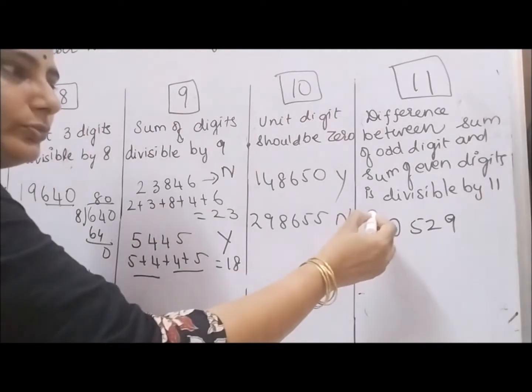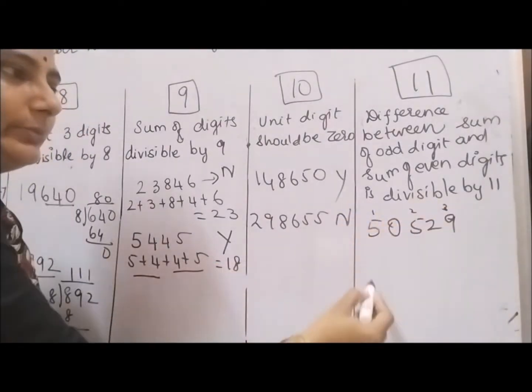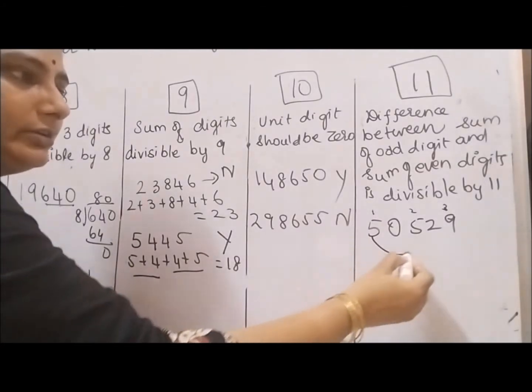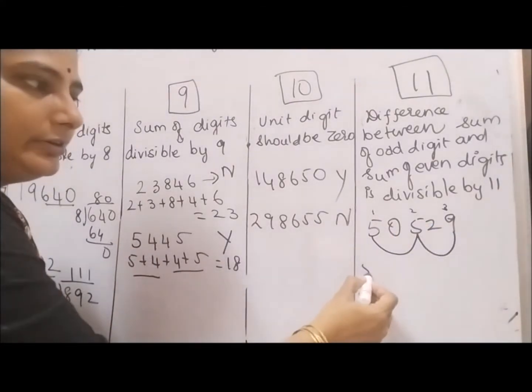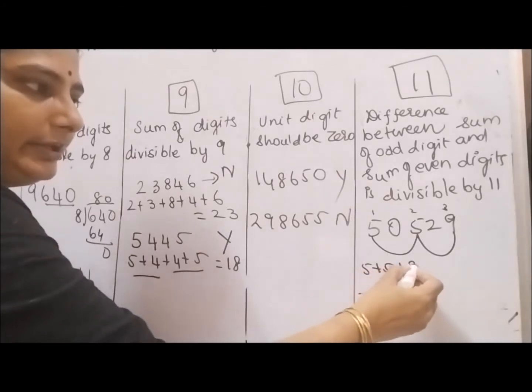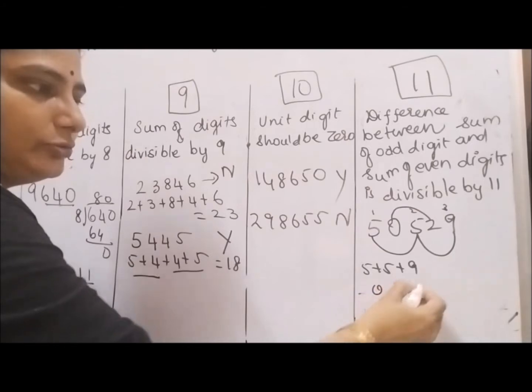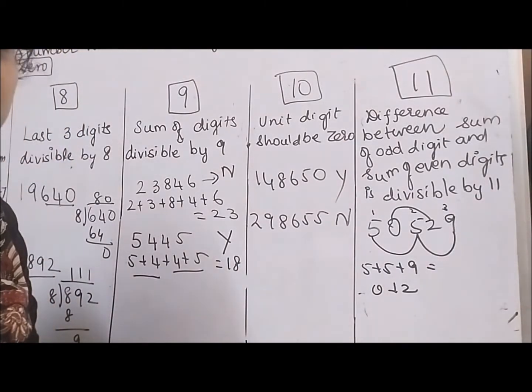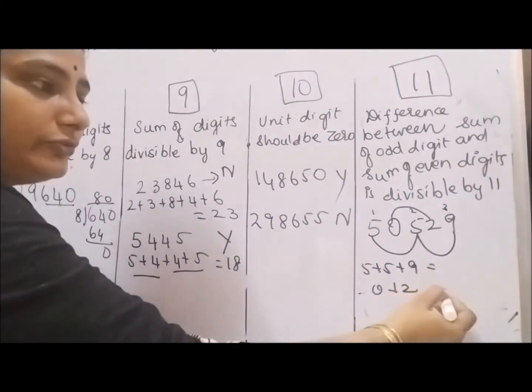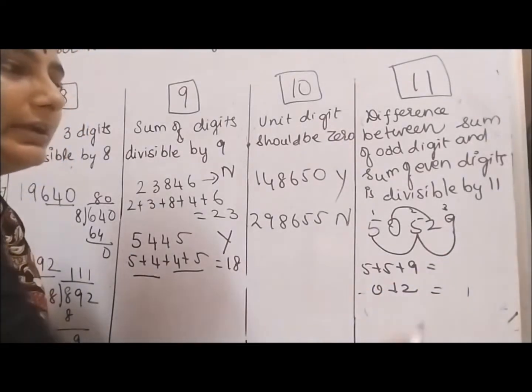This is 1, 2, 3 for example. So it's like alternate. This you should add, 5 plus 9, and this you should add, 0 plus 2. This 2 we should subtract.